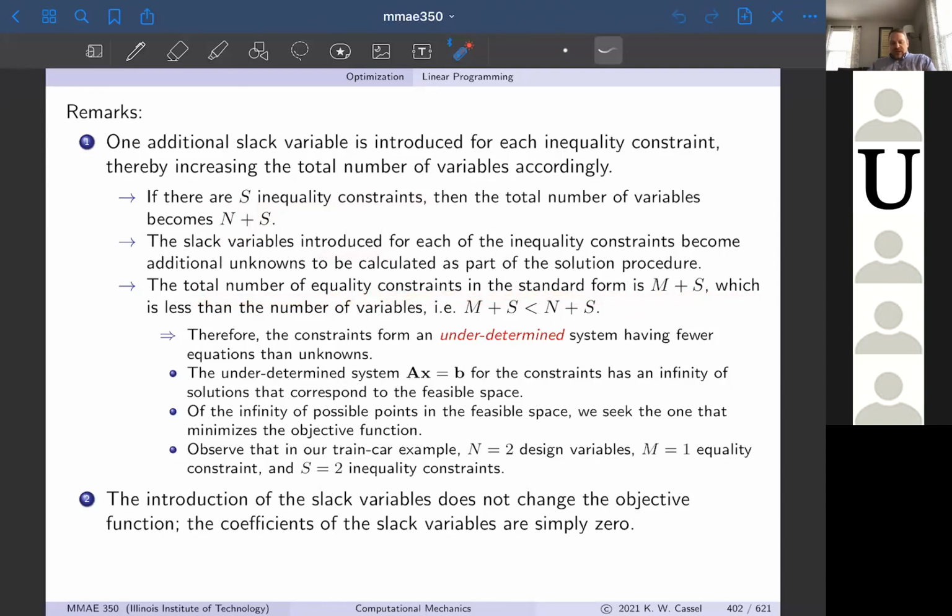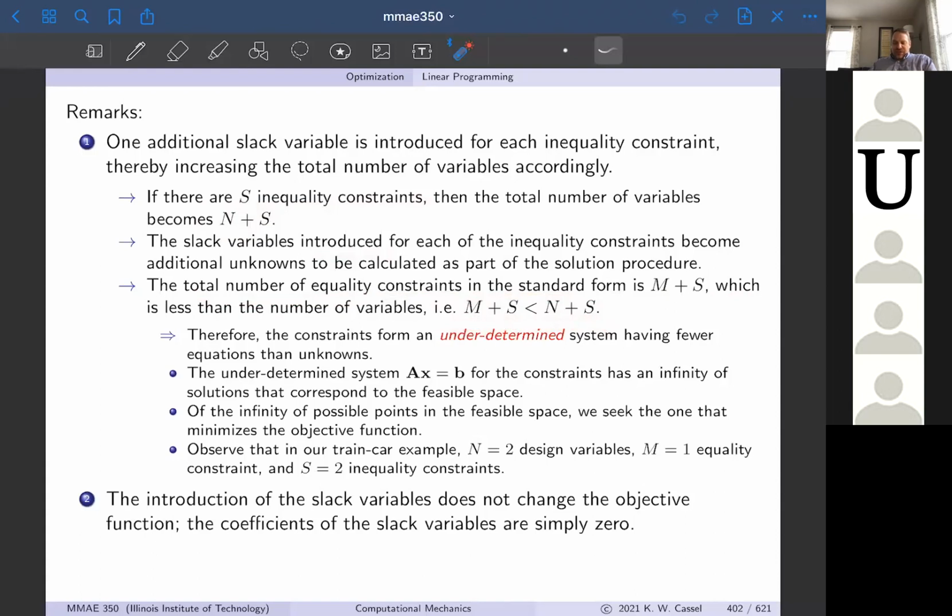This will always be less than n plus s. So m is always less than n. Obviously s is the same, but m is always less than n. If they're the same, then you don't have an optimization problem. You get a unique solution for your problem. You go on your merry way, and there's really nothing to optimize. There's only one possible solution.